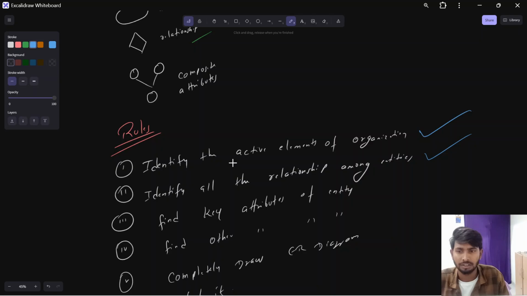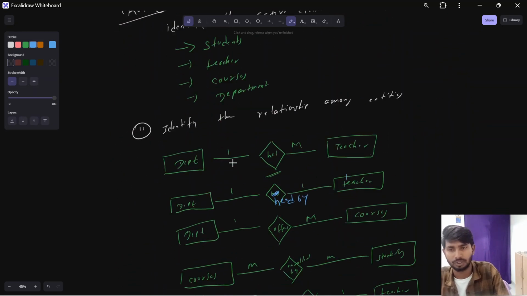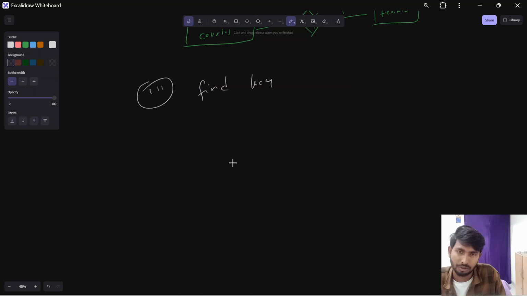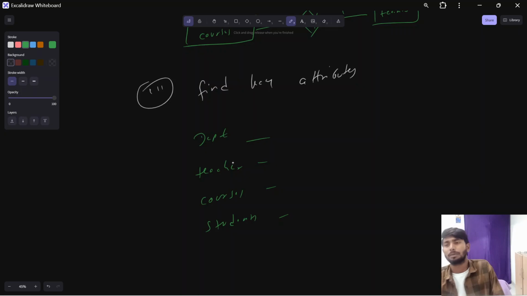We are done with this. Now we have to find the attributes, key attributes first. Third step: find key attributes. Key attributes for department, for teacher, for courses, for students. For department the primary key is department ID.